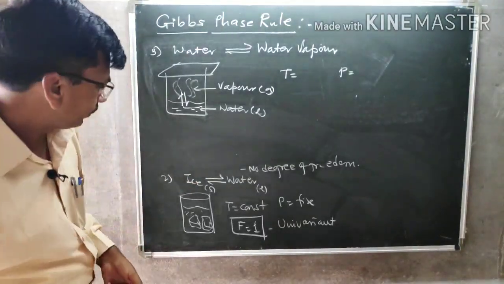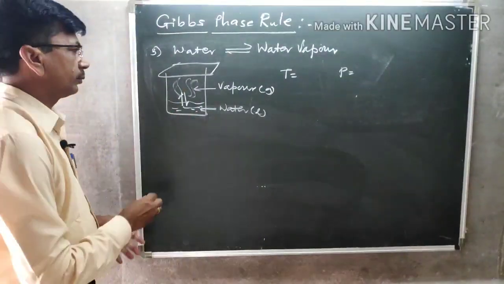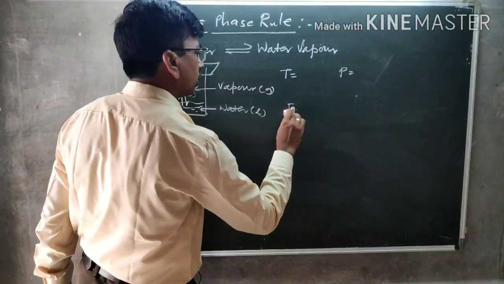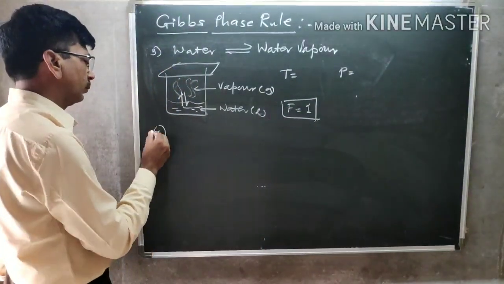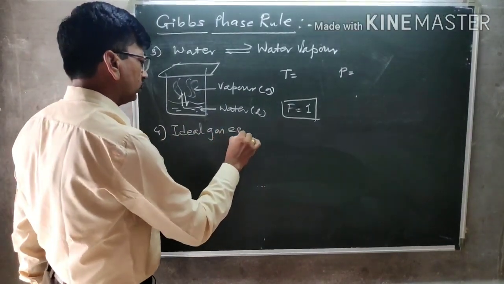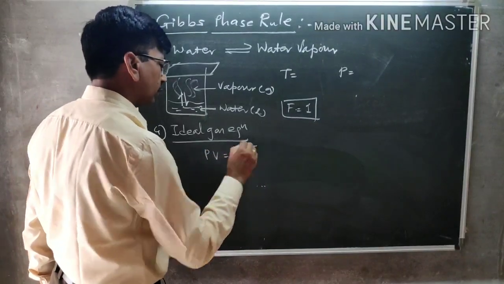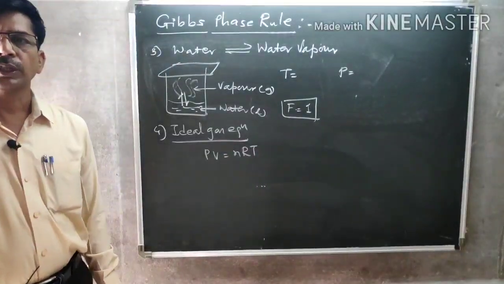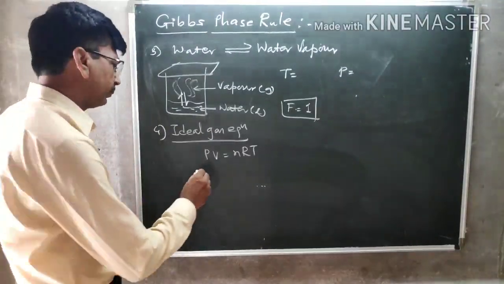Another example is the ideal gas equation. PV is equal to nRT, which is the famous equation. Now in this equation, we always keep one constant.